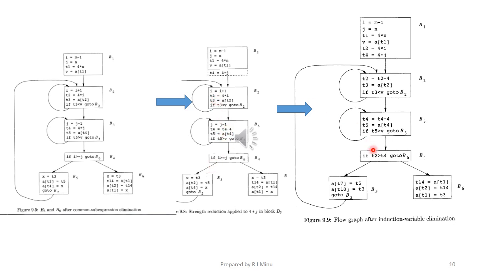I is replaced by T2 and J is replaced by T4. This reduction is literally done by your optimizer. This is the output of two optimizations: local and global optimization, and loop optimization, through which we have optimized this code in this way.